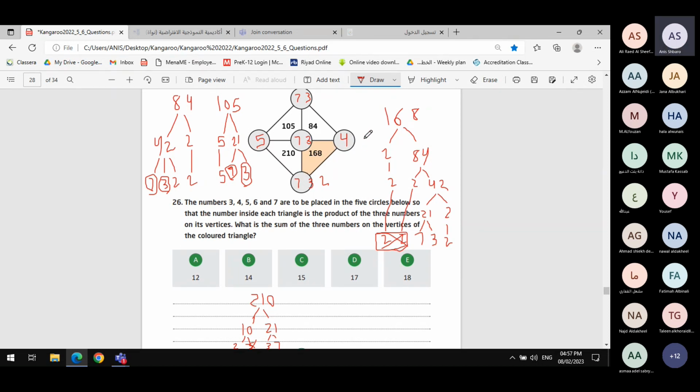So we took 84, 105, 210, 168, and we did prime factorization for them. We found out each one has multiples and we have common multiples, but 3 and 7 are common among all of them. So that's why we put it here, 3 times 7.